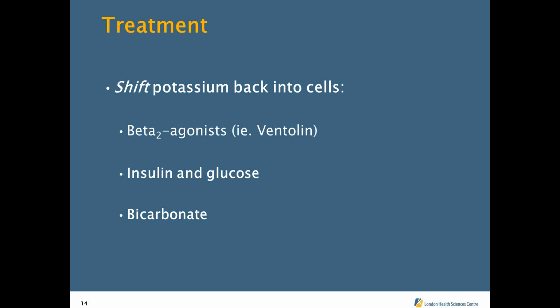There's a few ways that we can do that. One is giving beta-2 adrenergic agonists, such as Ventolin or salbutamol, and that's going to push that potassium back into the cells. In hospital, we typically give insulin and glucose, and occasionally we'll give bicarb.